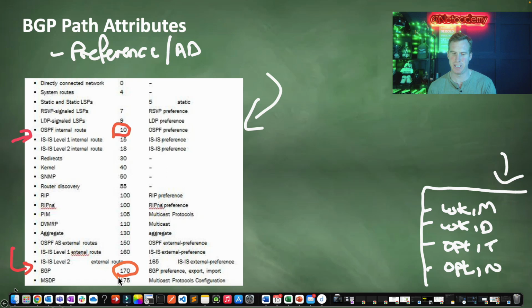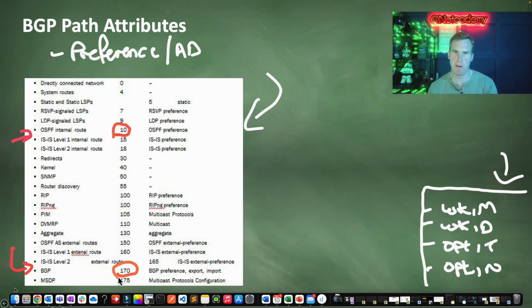Now this is of course different to the Cisco administrative distance. I think BGP in Cisco is 20 or something, whereas you can see that is significantly different in Junos, obviously with different vendors at the end of the day. But the point is that the router will decide what routing table and what path and egress interface, etc., to send those packets out of first based off the preference of the routing table.